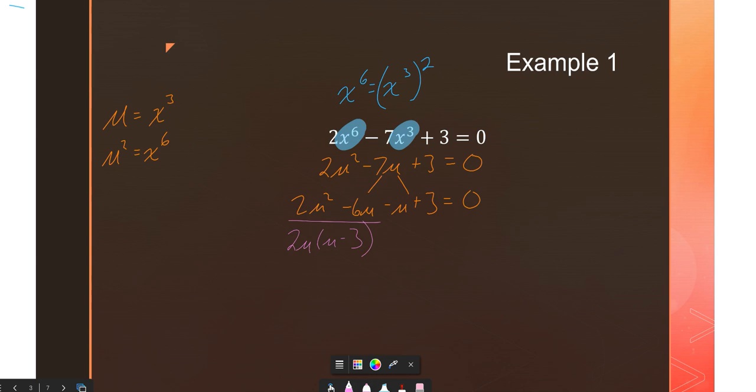And then from negative u plus 3, we can factor out a negative 1. So that's negative 1 times u minus 3, is equal to 0.